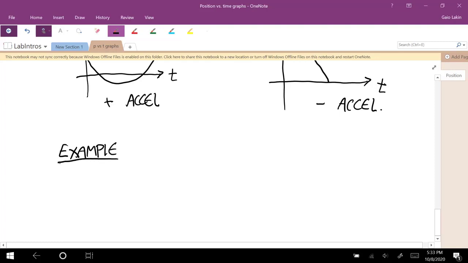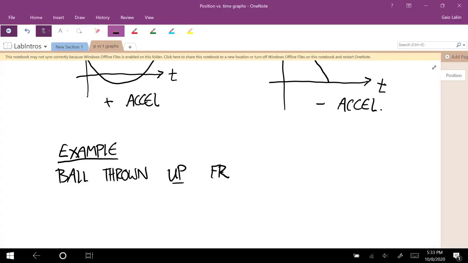So let's say that a ball is thrown up into the air. From a height, not thrown up, you know what I mean. But this object starts at a height of 2 meters and it's thrown in the direction upward from a height of 2 meters.